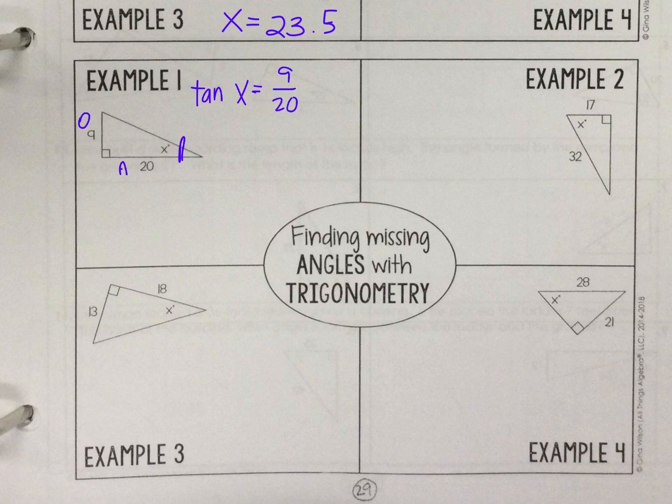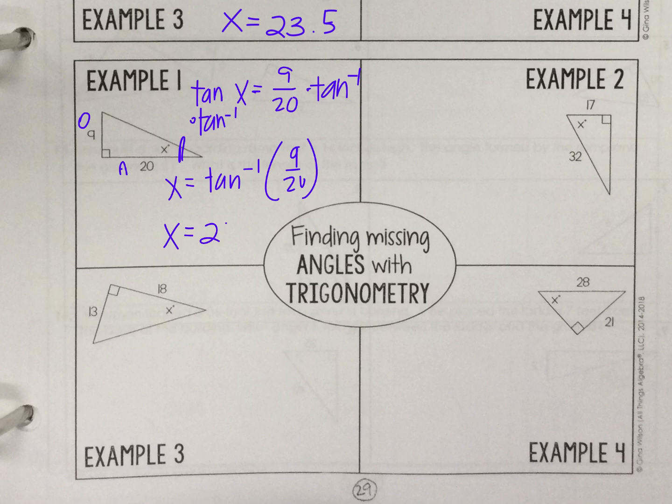And in order to move that tan away from the x, I have to multiply by the tangent inverse, tangent to the -1. So I'm just going to say x equals tan -1 of 9/20. You type it in your calculator just like that, and you will get 24.2 degrees.